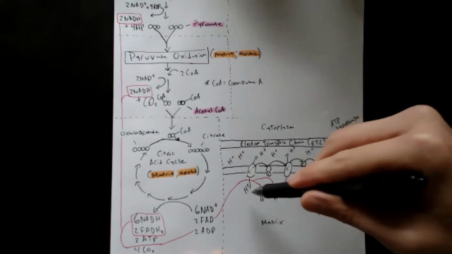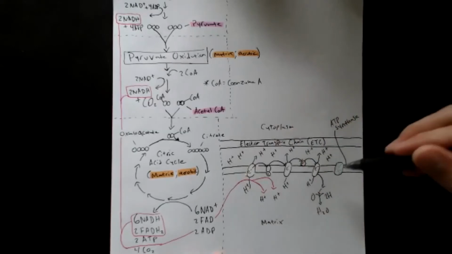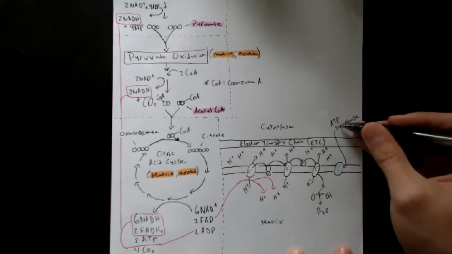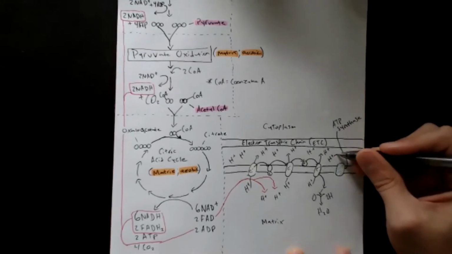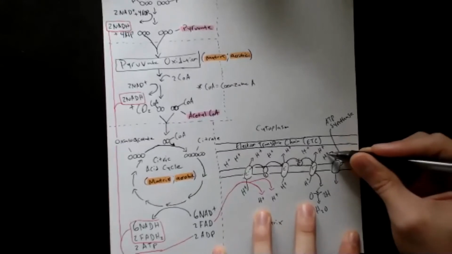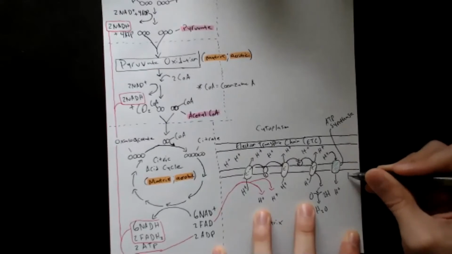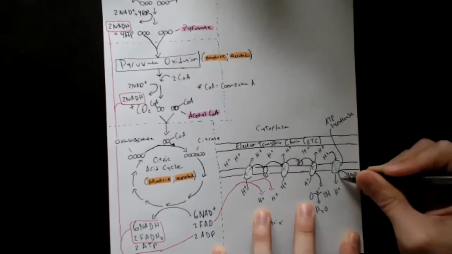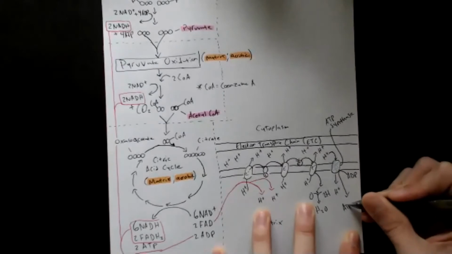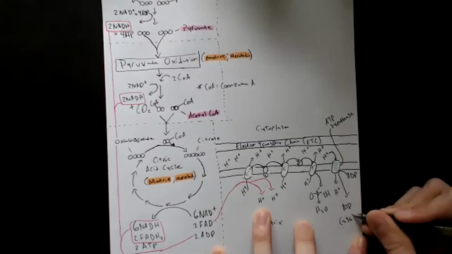You generate that by converting the kinetic energy of the electron movement from protein to protein. And then what ATP synthase does is it allows the movement of your hydrogen to go through, but at the cost of making some ATP from ADP. So ADP to ATP, and we could say around 36 ATP.